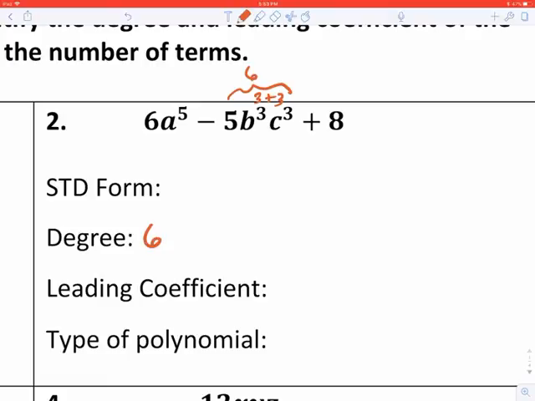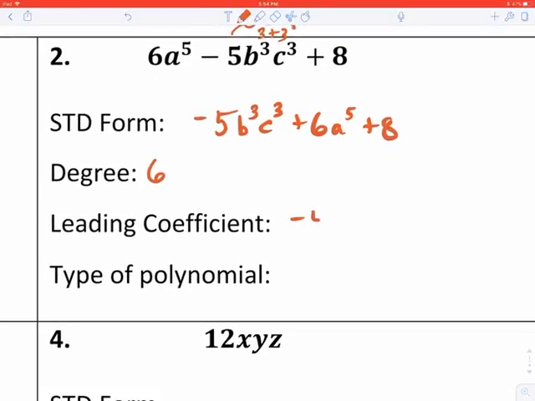So my degree is 6, and if I'm putting these in standard form, then I have to put the negative 5b to the 3rd power times c to the 3rd power, plus 6a to the 5th power, plus 8. And my leading coefficient then is negative 5. The type of polynomial is, because there are 3 terms, a trinomial.